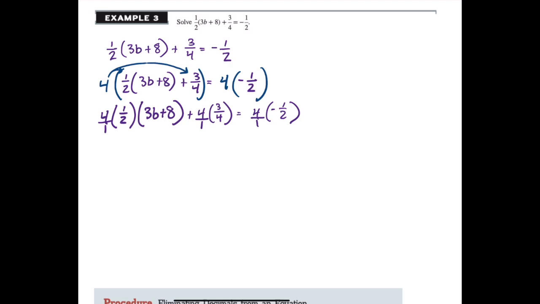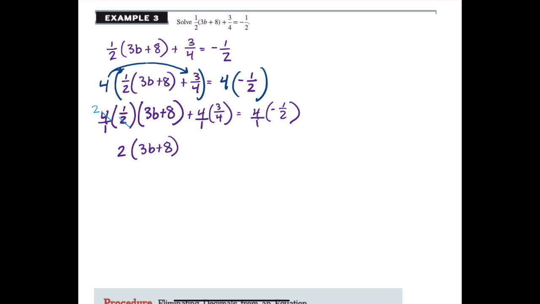I'm writing that because I'm going to see how these fractions will reduce. So here, multiplying 4/1 times 1/2, the 2 goes into the 4 2 times. Or we can think of that as just 4 divided by 2. So this will reduce just to 2 times 3b plus 8.